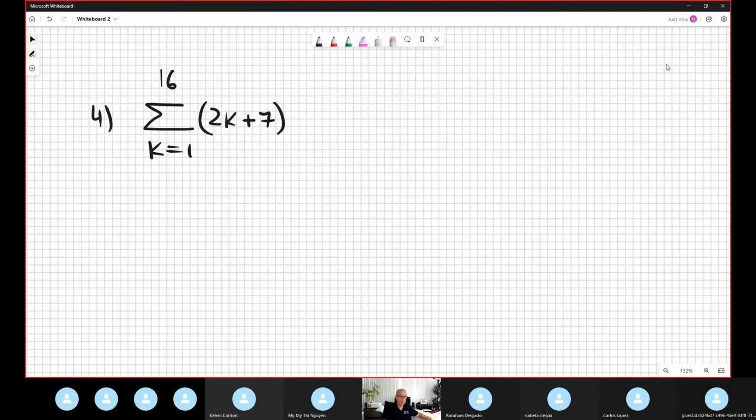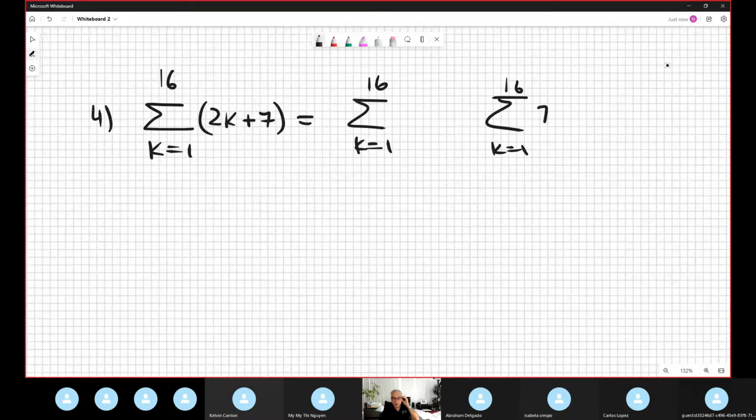The easy way to do this is to apply the properties of summation notation. You break it down into another summation with the same limits, but you put 7 here and 2k here. Or much better, you put the 2 outside and apply the formula.